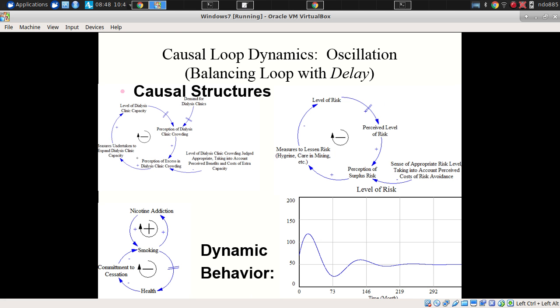The second thing he talked about, which is more the focus within a system dynamics architecture, is that these parameters and variables are often thought of in the abstract, like this perceived level of risk, which explicitly captures an abstract concept.